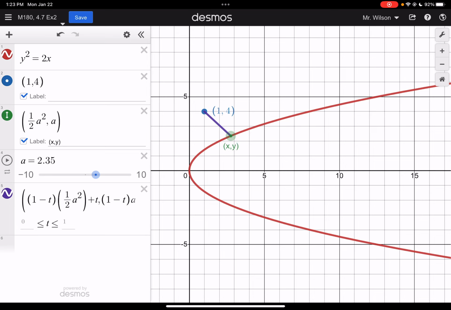Even that close, 2.35, it's still slightly longer than it is at 2. So that is the shortest distance that this function can take on.